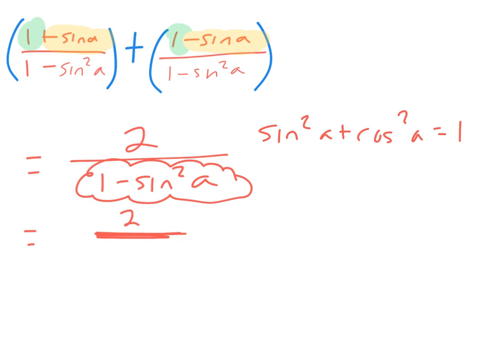And I can move that sine squared A to the other side, leaving cosine squared A equals 1 minus sine squared A. We have a 1 minus sine squared A right here, so I can replace it with what it's equal to. So 1 minus sine squared A can get replaced with cosine squared A.